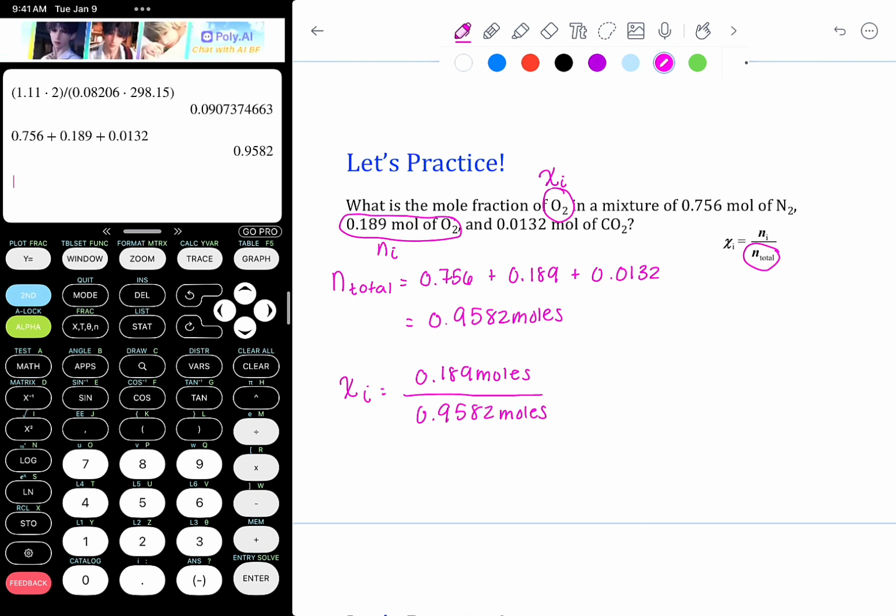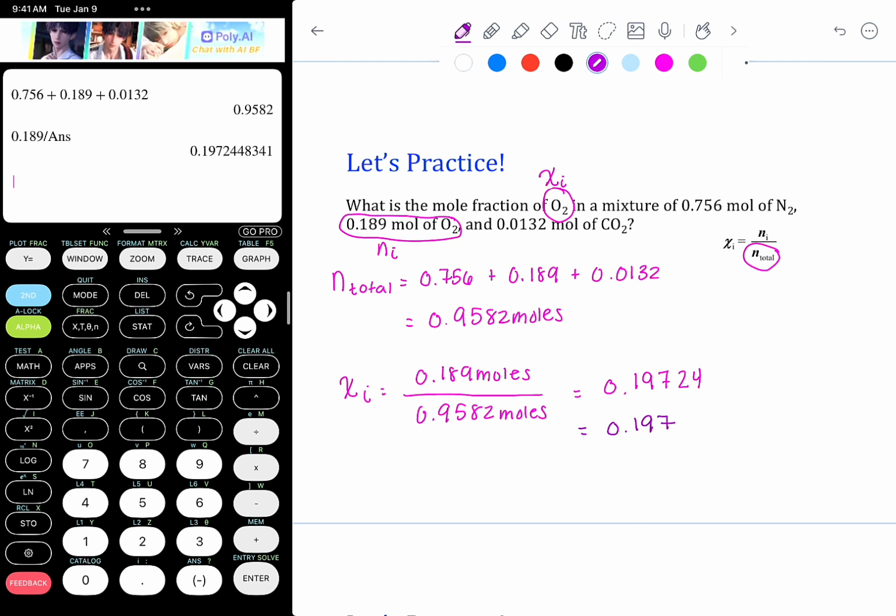So we take 0.189 divided by our total to get a mole fraction of 0.19724. With sig figs, this would come out to 0.197. And that is the mole fraction. There are no units on it.